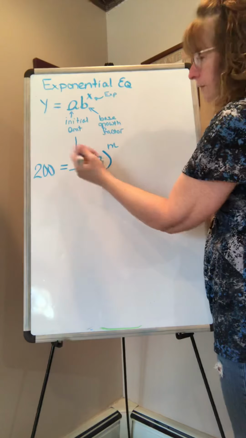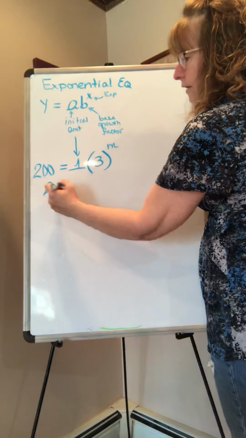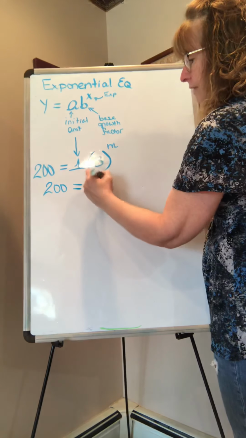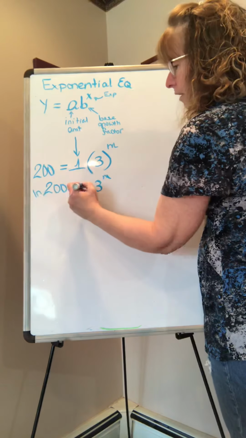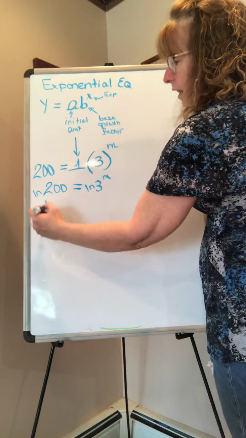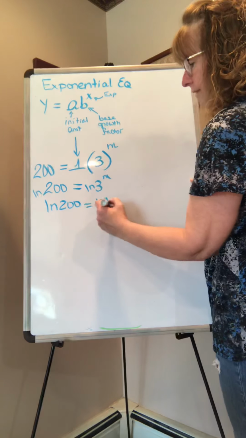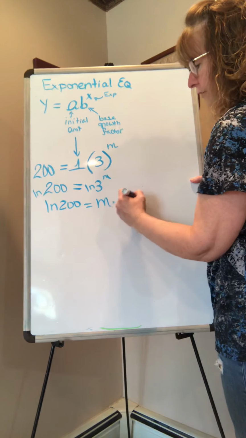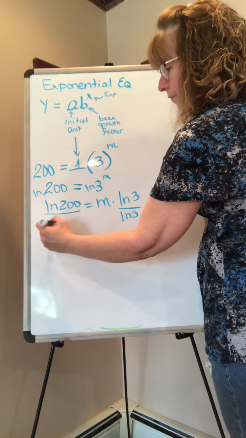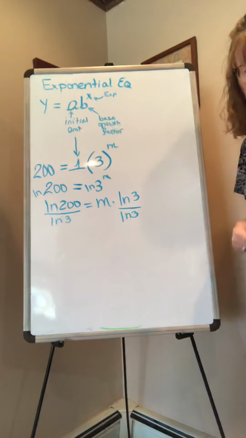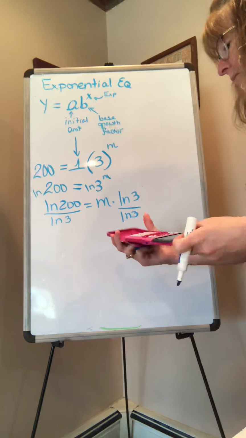So here, 1 times anything is 1, and if I then wrote this out to solve it, I would need a log on both sides. So if I throw a log on both sides, I'll have the natural log of 200 is equal to the minutes times the natural log of 3, divide by the natural log of 3. And since I just made this problem up, let's see how long it takes.